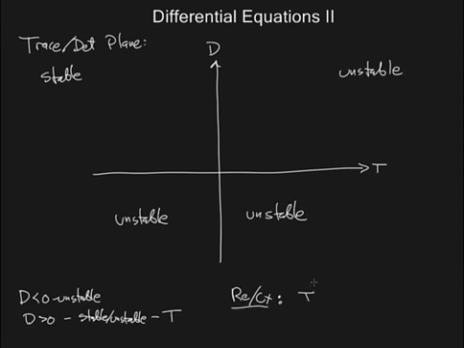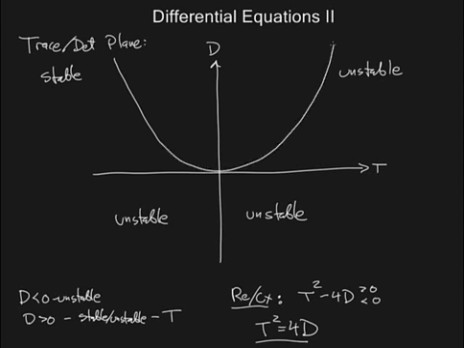And how do we tell real and complex? Well, that's given by this T squared minus 4D, the sign of that. So what's important is this parabola, T squared is equal to 4D, which side of that parabola you're on. So if you're over here to the right where T is very big, then T squared minus 4D is positive.